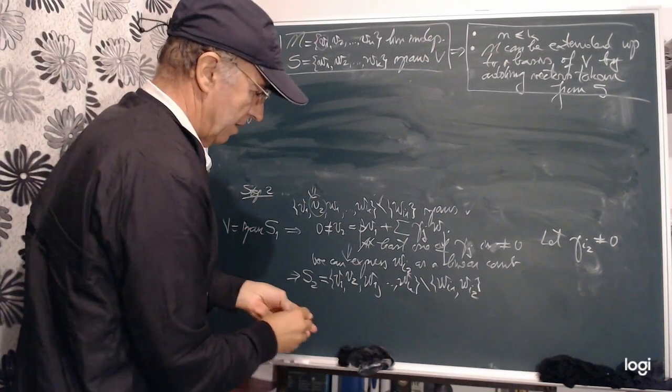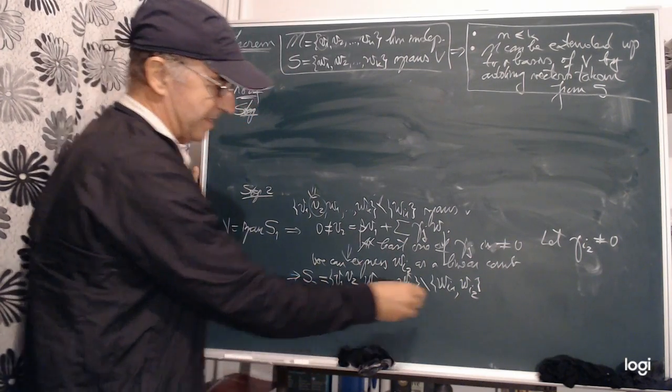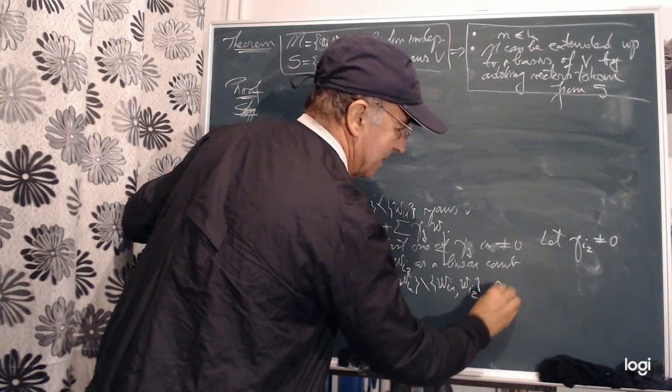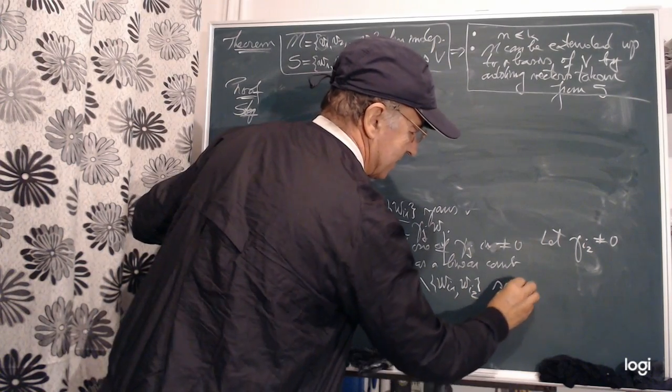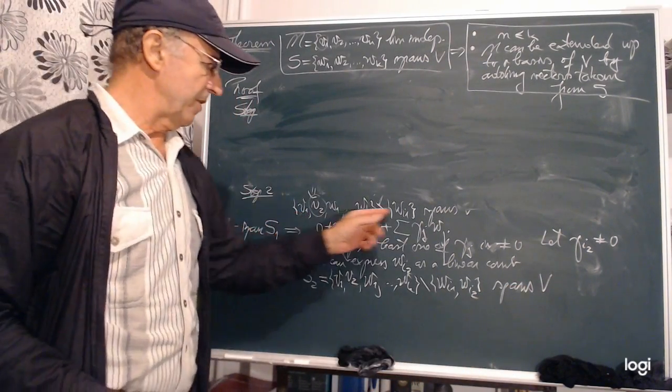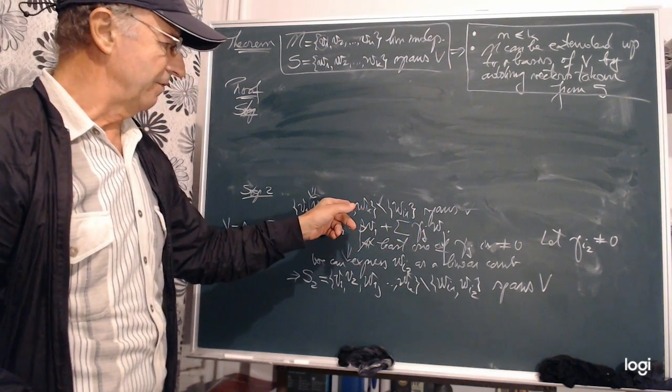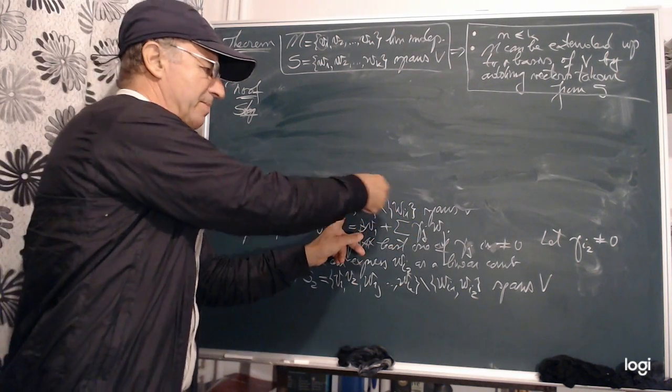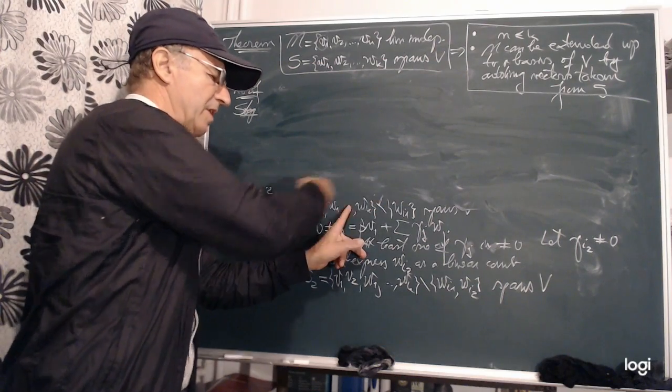Step 3. And S2, the system continues to span V. From this we have eliminated a vector which can be expressed in terms of the remaining vectors.